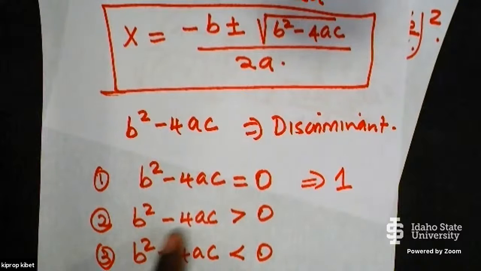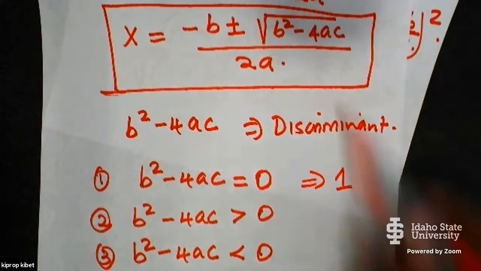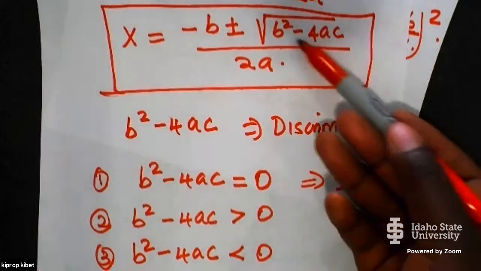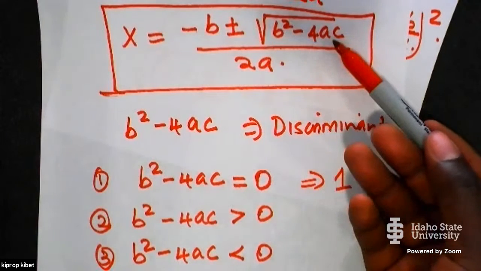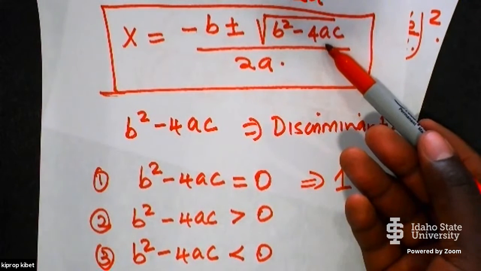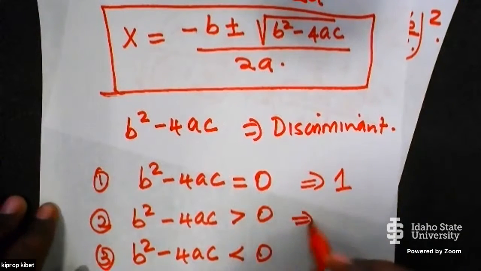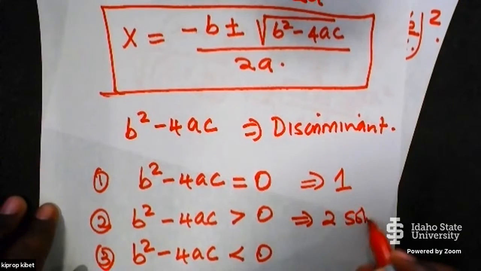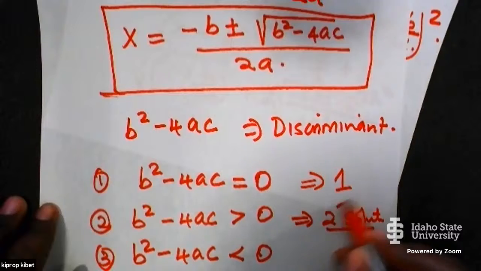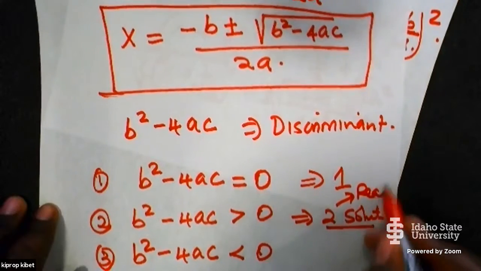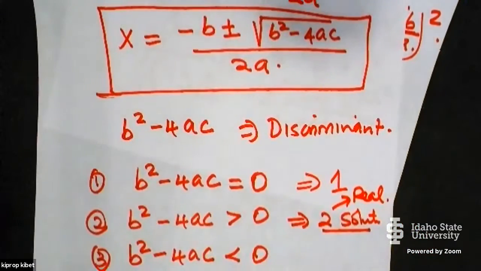If b squared minus 4ac is greater than 0, here we will get two solutions, and these solutions are real. So these are two distinct real values.